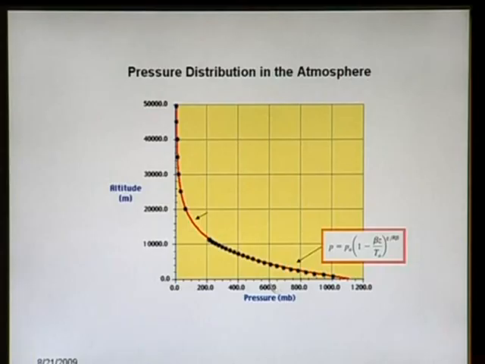So, we can write the pressure variation equation and correspondingly develop the figure for the pressure variation with altitude. This is the pressure on the x axis and altitude on the y axis. How does pressure vary with altitude?